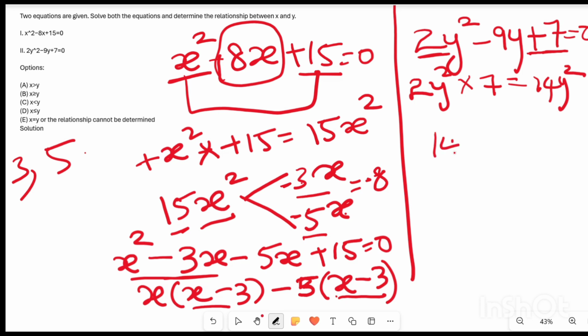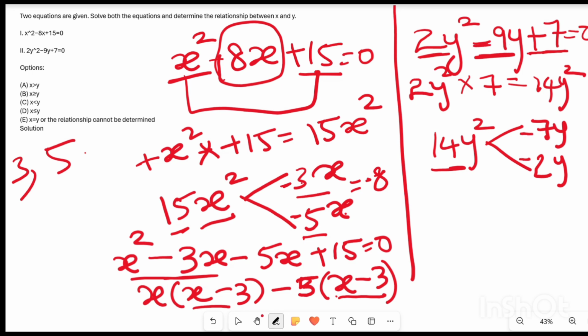And 14y square is nothing but y into y square, and 14, 7 into 2. That will become 14. And if you observe, we have to get minus 9. So 7 plus 2, that will become 9. But here we will be having minus sign, so we have to keep minus 7 and minus 2. So we will be getting minus 9y.